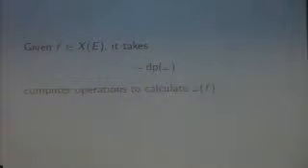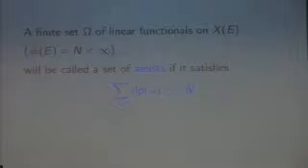Given an f in X of E, the number of computer operations needed to calculate omega of f is like the depth of the functional. So we're going to be pre-computing a finite number of linear functionals.